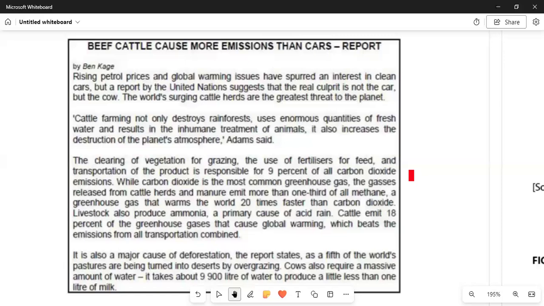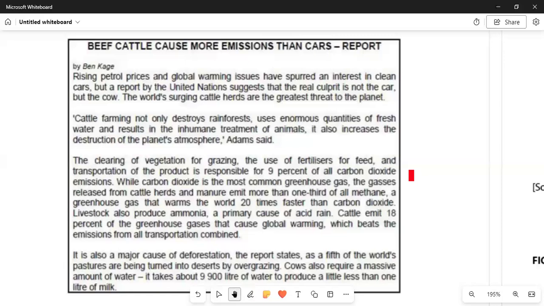Livestock also promote ammonia, a primary cause of acid rain. Cattle emit 18% of the greenhouse gases that cause global warming, which beats the emission from transportation combined.